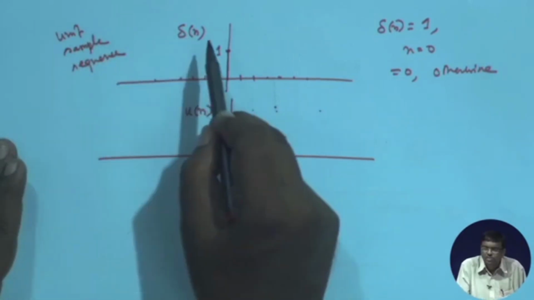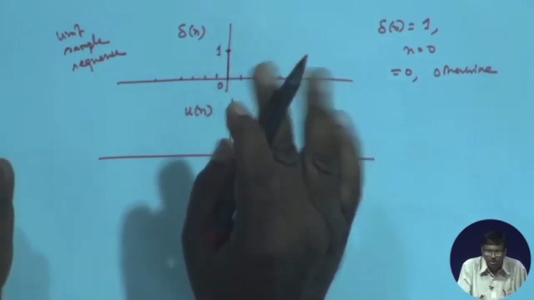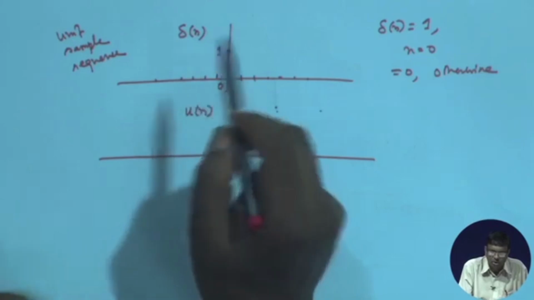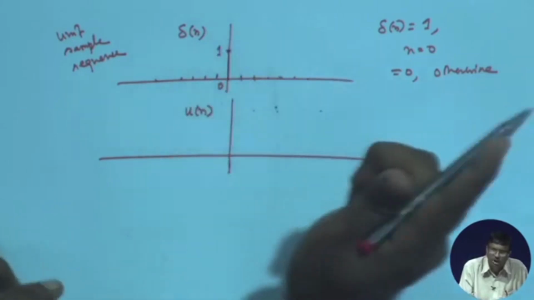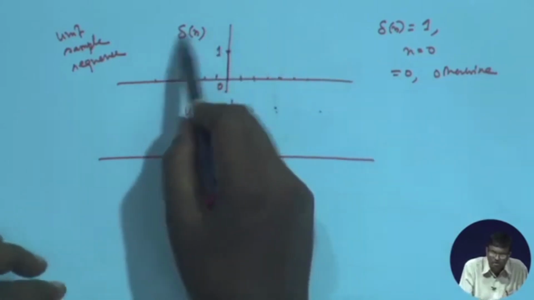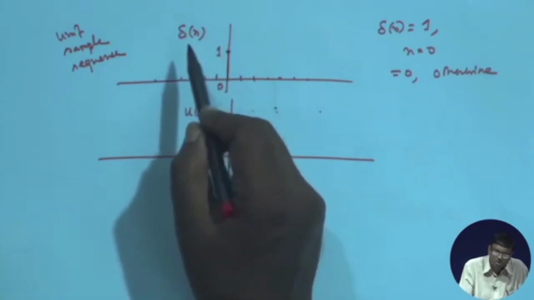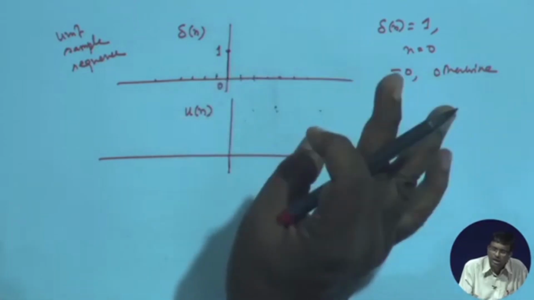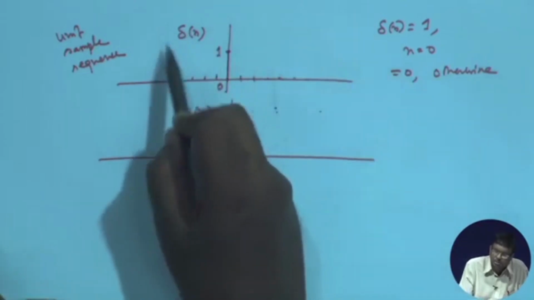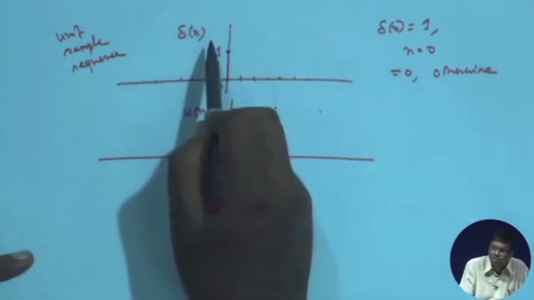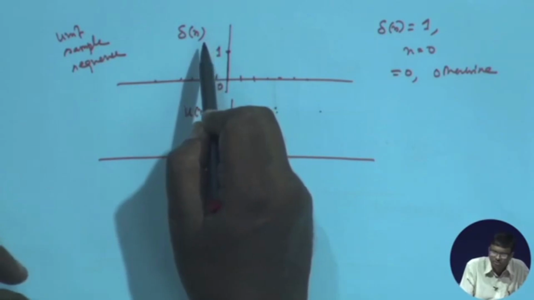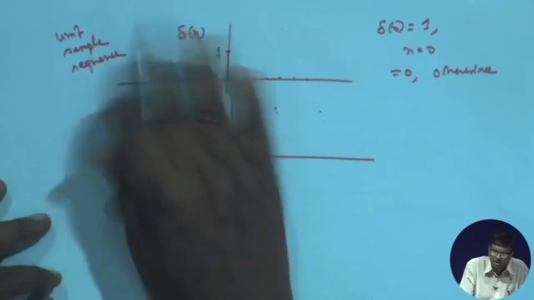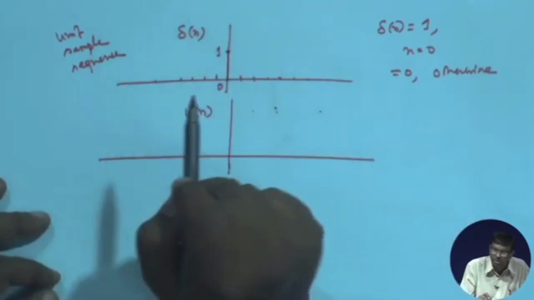But I tell you one thing, because we have been using this delta function or unit impulse function in analog so often with this symbol delta, sometimes we also call it unit impulse sequence by mistake, but that mistake is well accepted. There is nothing impulsive about it. Even if we say unit impulse sequence, it basically means unit sample sequence, its value is 1. It has nothing to do with the actual impulse function, that is the delta function.